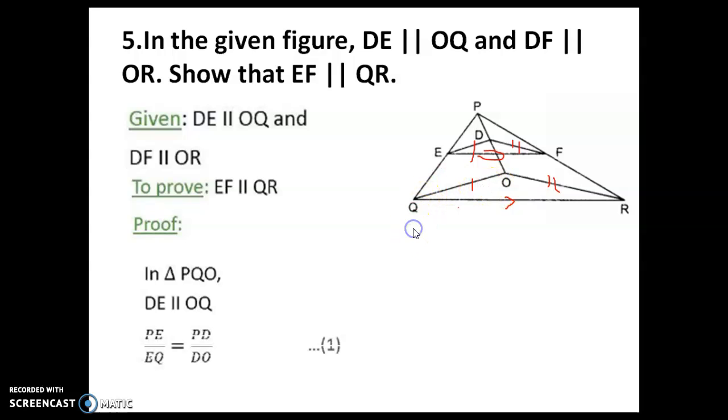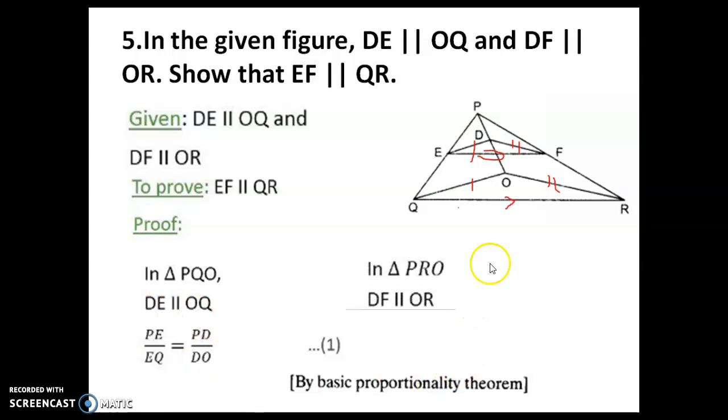So by the basic proportionality theorem, we can write PE by EQ is equal to PD by DO. We are writing the ratio by the basic proportionality theorem. So keep this equation in mind.